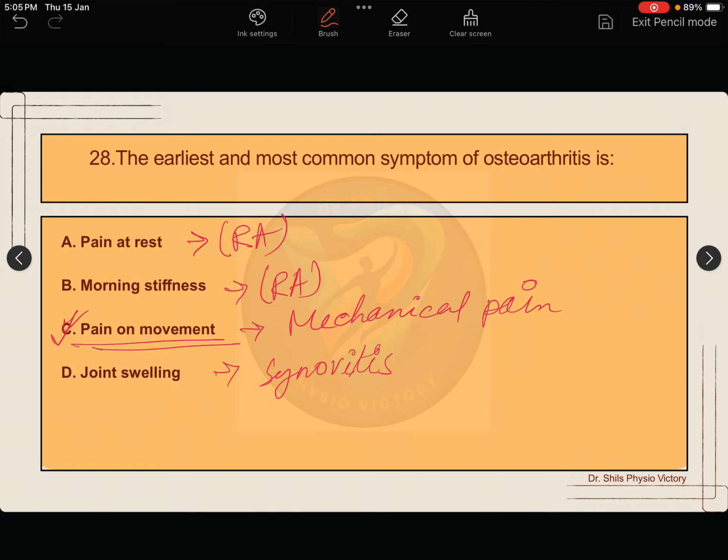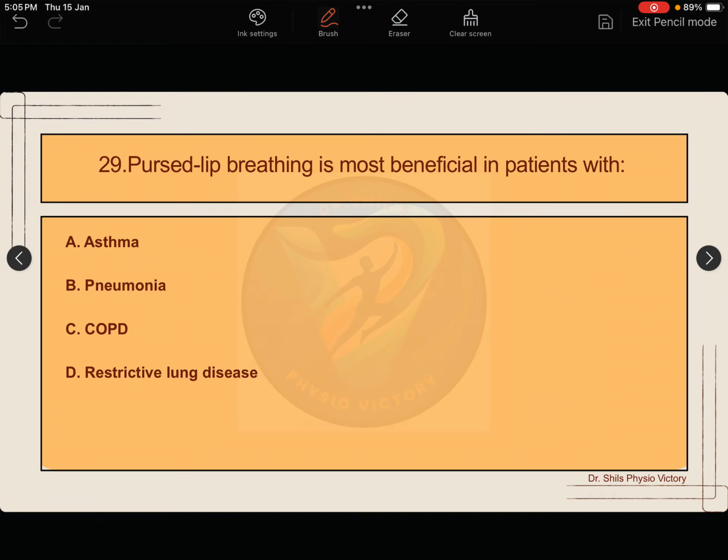Next, come to question number 29. Pursed lip breathing is most beneficial in patients with option A asthma, option B pneumonia, option C COPD, option D restrictive lung disease or RLD. Here the correct answer is option C, COPD.